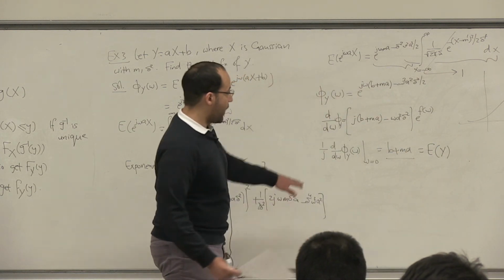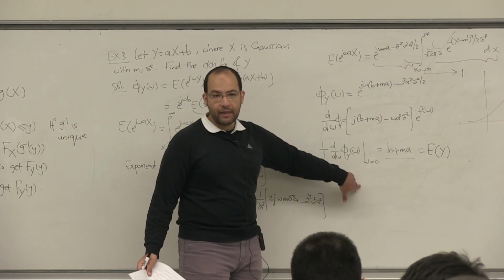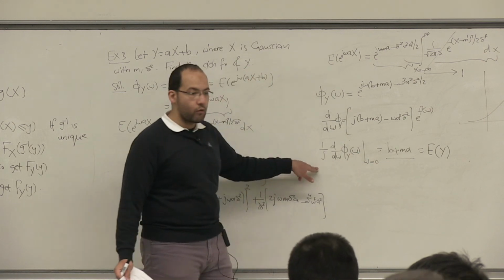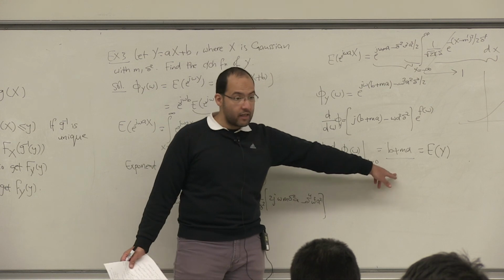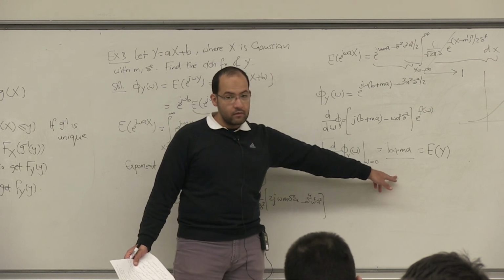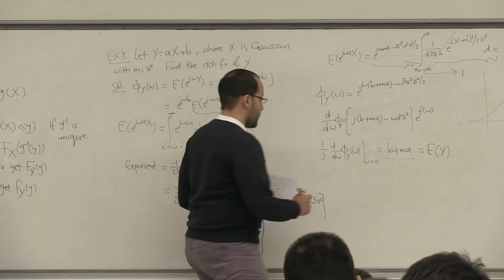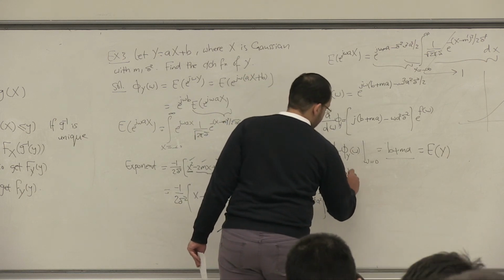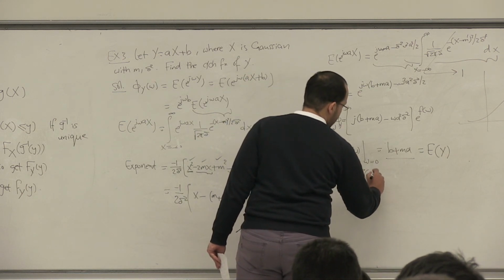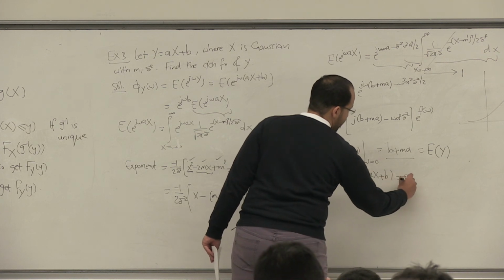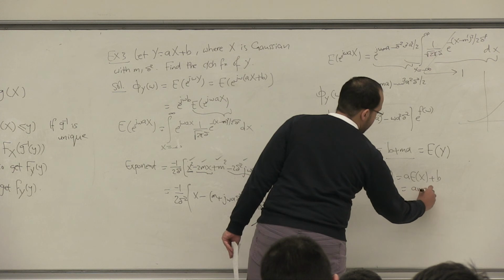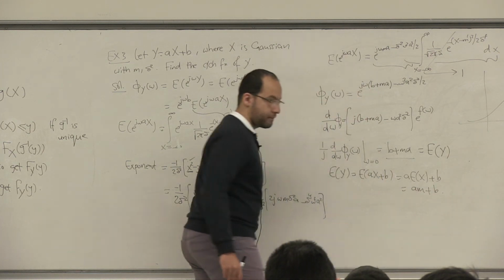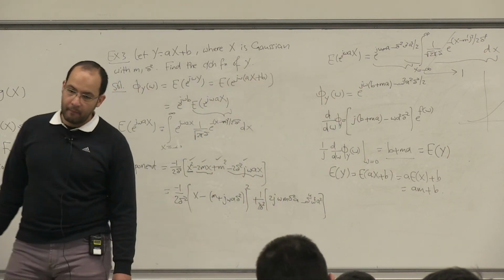From the fundamentals, we have already learned about the characteristic function that the first moment or the expectation is 1 over j d by d omega phi y of omega at omega equals 0. Is the expectation actually this thing? Yes, right? Because the expected value of y is the expected value of ax plus b, is a times the expected value of x plus b, which is am plus b.